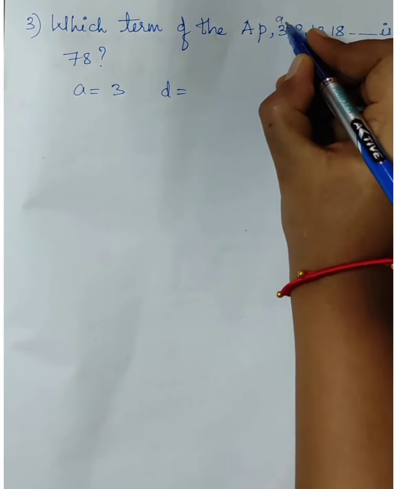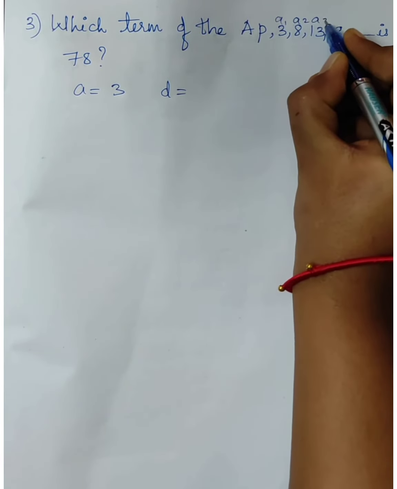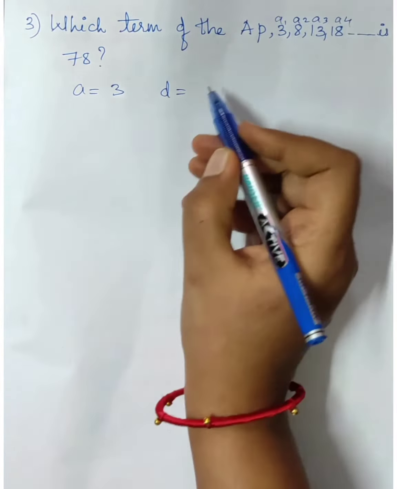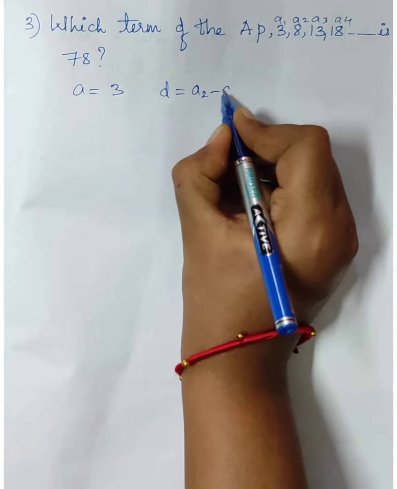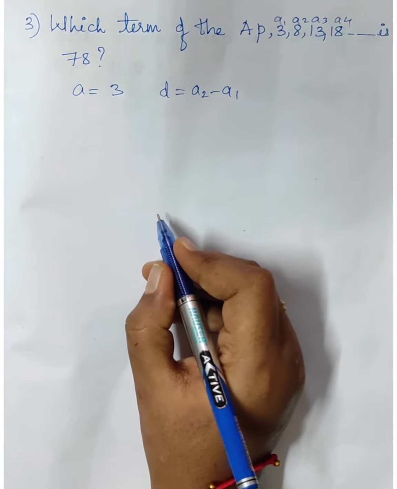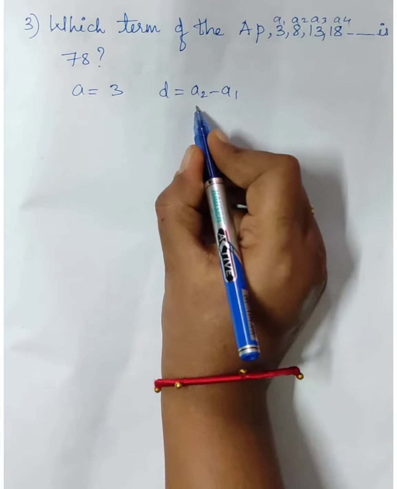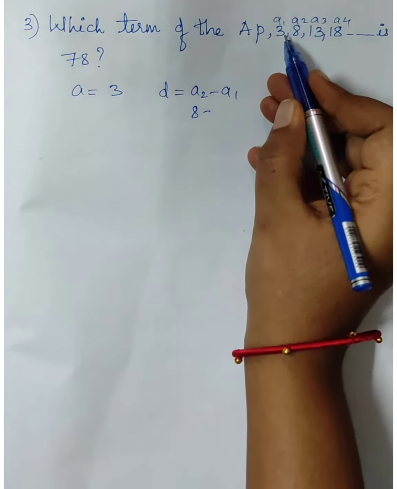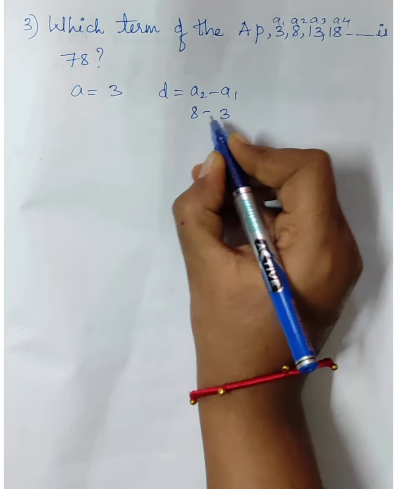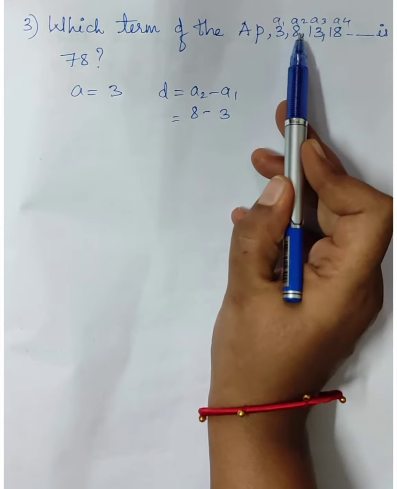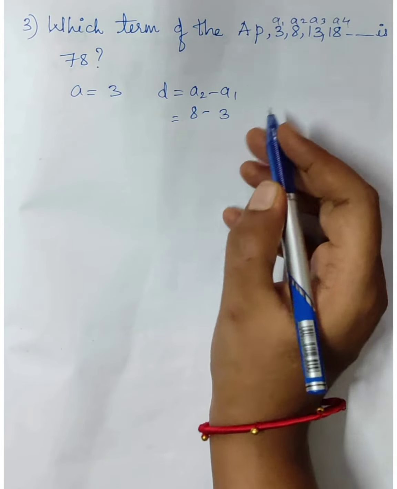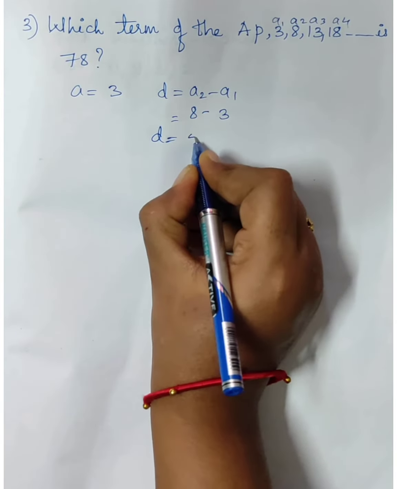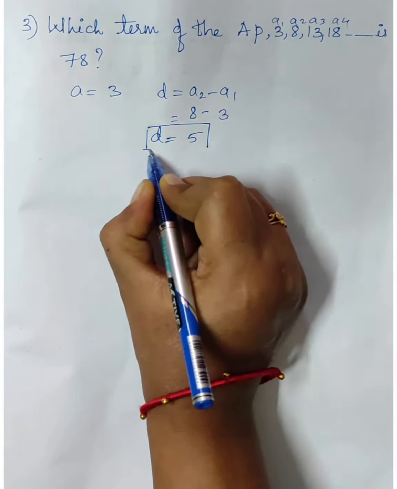So a1, a2, a3, a4. a2 minus a1, where a2 is 8, minus 3. So D is 8 minus 3, which is 5. So the value of D is 5.